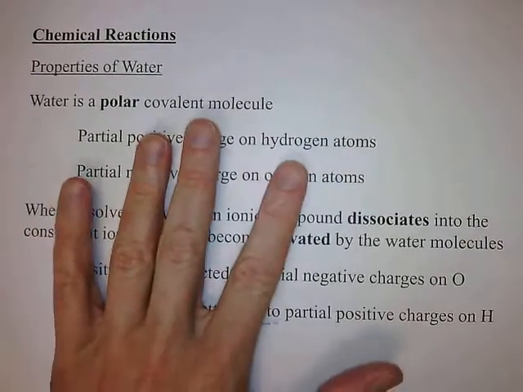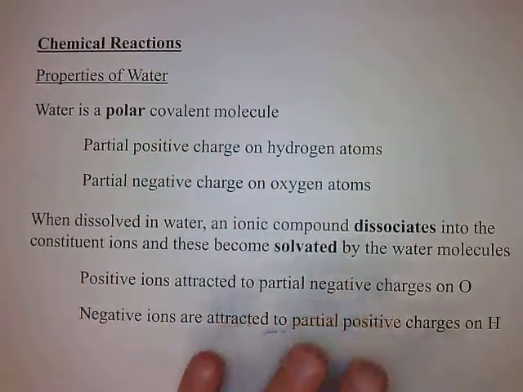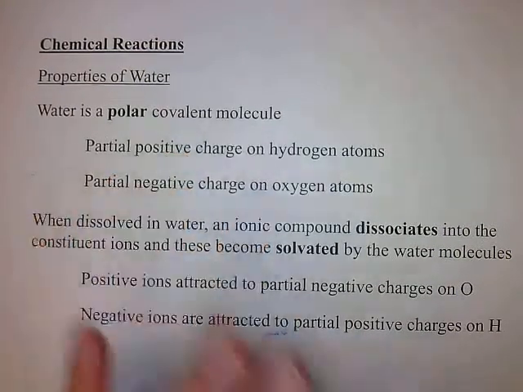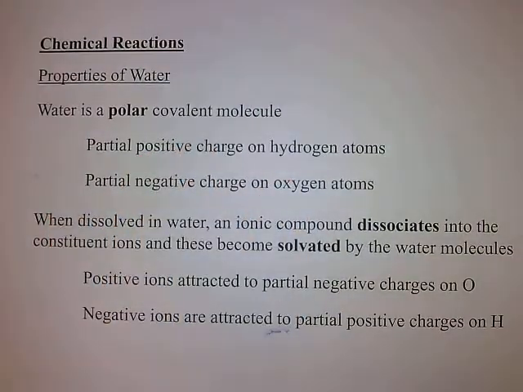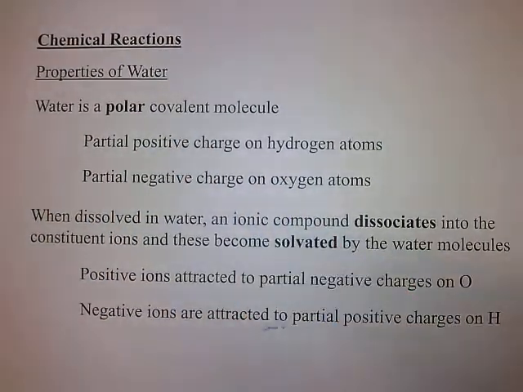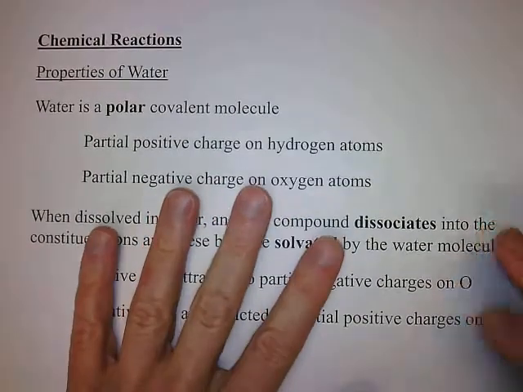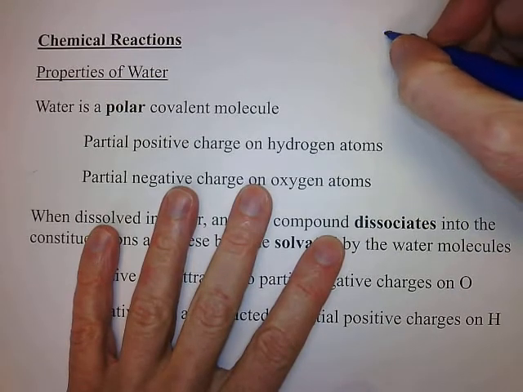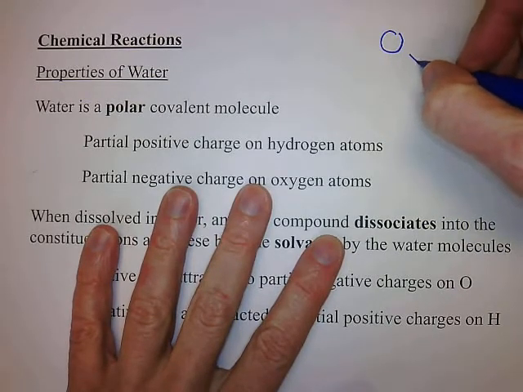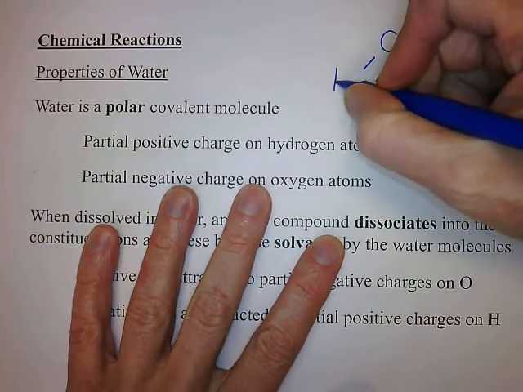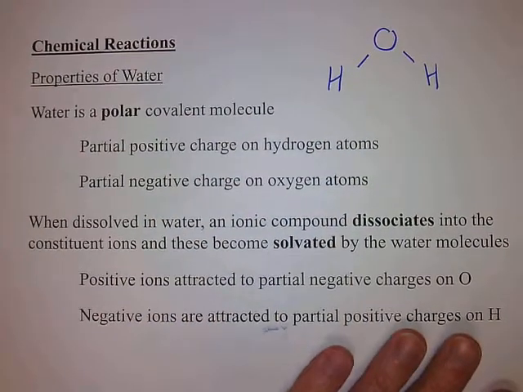We said that covalent bonding is based upon electron sharing, whereas ionic bonding is electron transfer. But if a molecule is covalent, that doesn't necessarily mean that the electrons will be shared evenly. For example, in a water molecule, the electrons most definitely are not shared evenly.